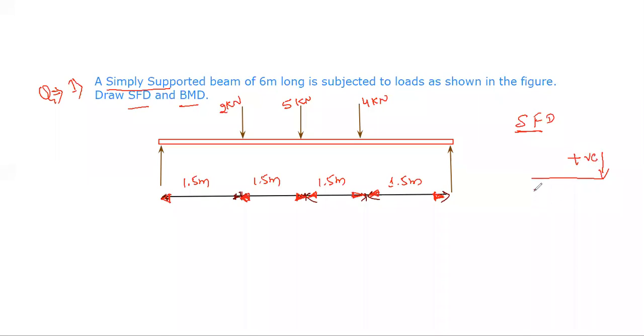If the load is acting in the upward direction, we take a negative sign. Similarly, for bending moment in a beam, if the load is applied in the downward direction, we take negative. If the load is applied in the upward direction, we take positive.